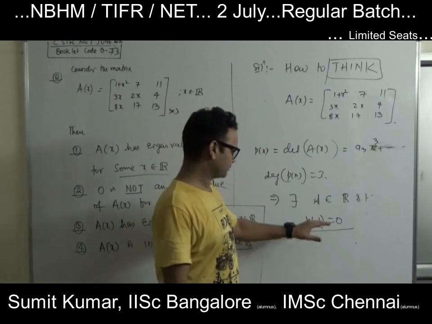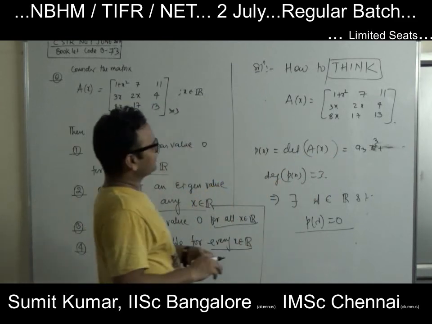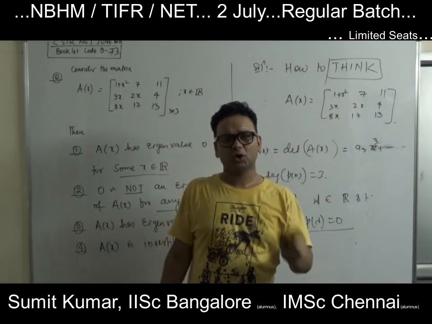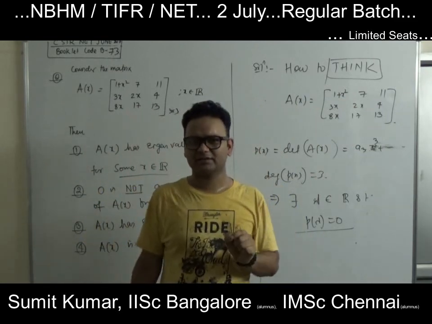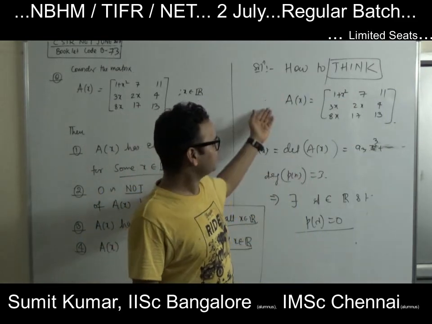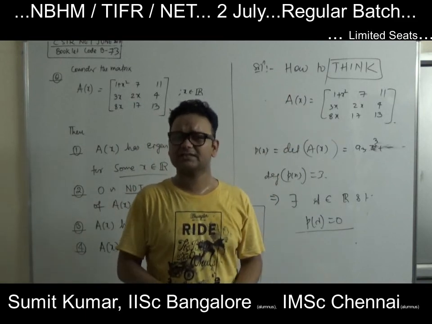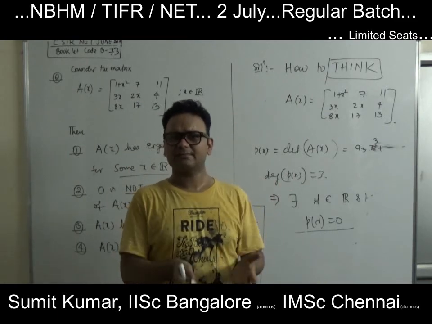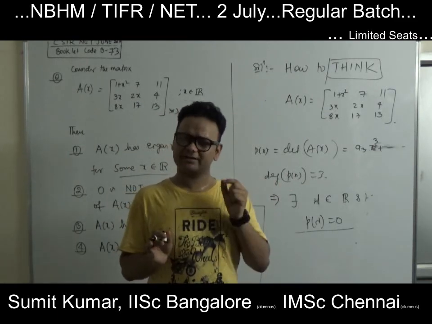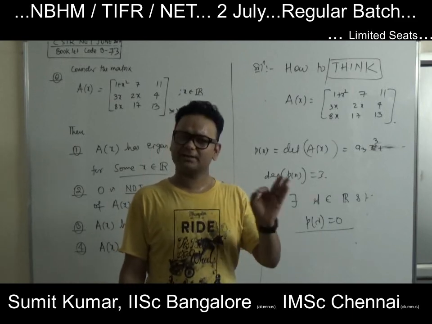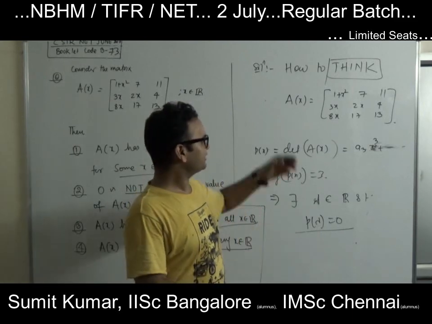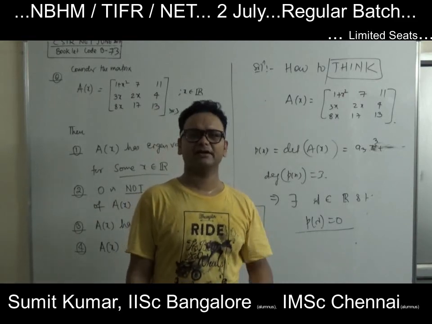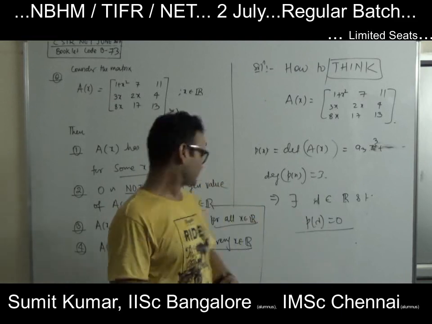So this matrix for some x always has 0 as an eigenvalue, because the determinant of this matrix will vanish for certain x, since the determinant of A(x) is a 3rd-degree polynomial. A 3rd-degree polynomial will always have a real root, meaning it becomes 0 for that real root. That means there exists x for which the determinant of A(x) becomes 0. Hence 0 is an eigenvalue of A(x) for some x.